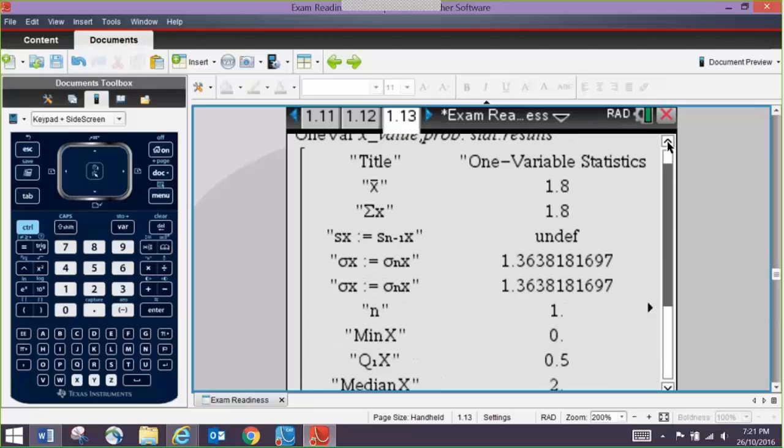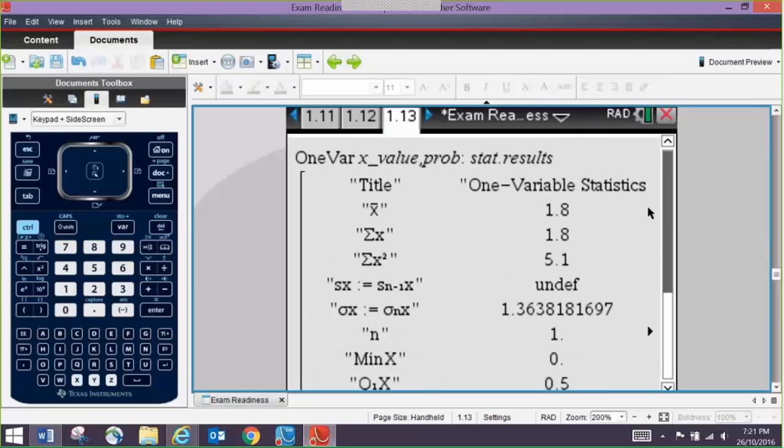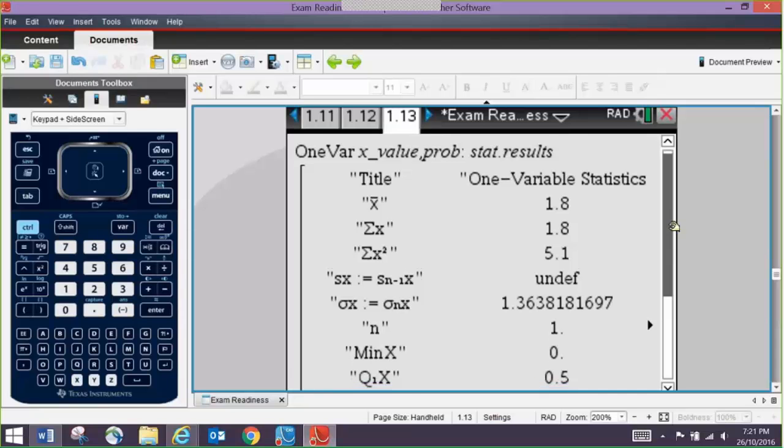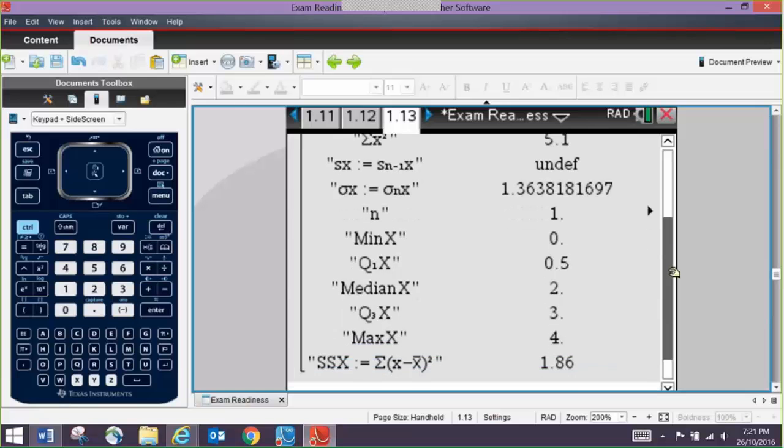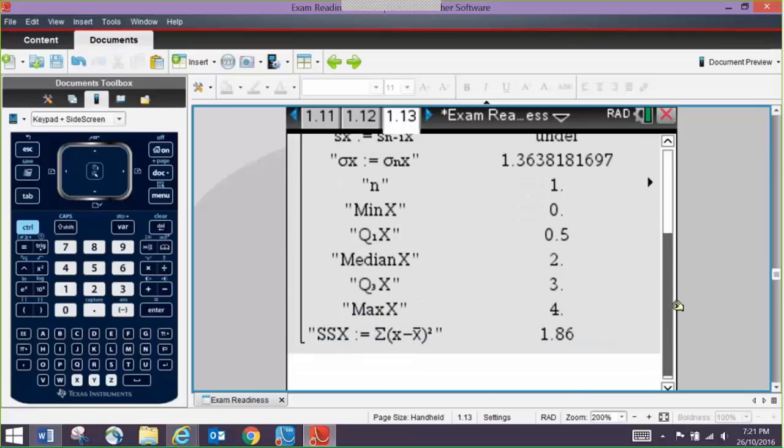Up comes the list of values, and the most important thing is this X bar. That's our expected value. So we've got our mean there. For those of you doing the high level option, there are lots more interesting things here with the sum of X squared, etc. But the other one is the SSX, which is the variance of X. So that's also there at 1.86.